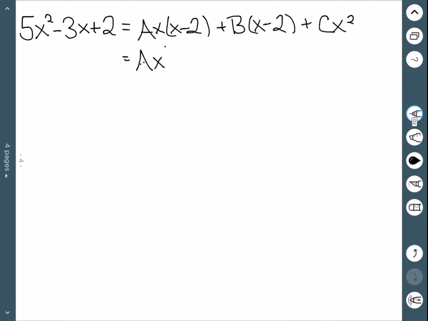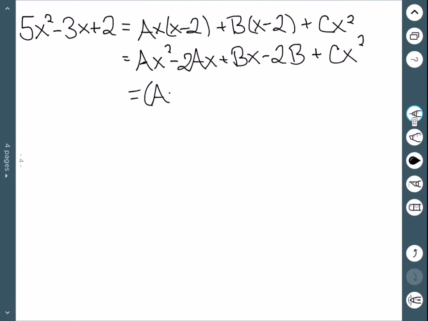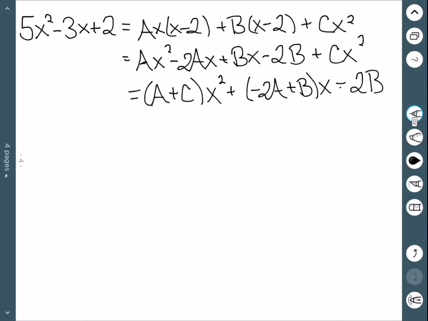This is Ax squared minus 2Ax plus Bx minus 2B plus Cx squared. We'll then regroup things based on the number of x's. For instance, I have an Ax squared and a Cx squared. For x, I have negative 2A plus B. And then for my constants, I have minus 2B.